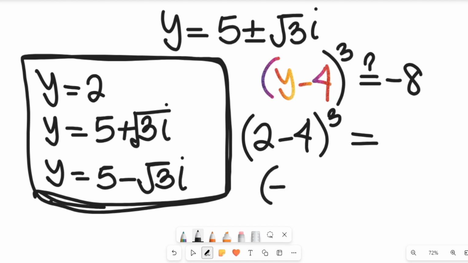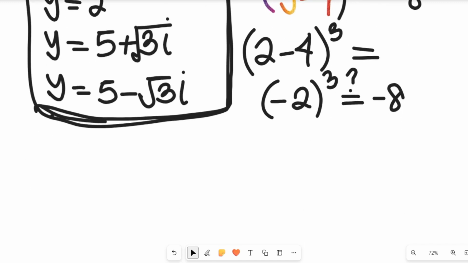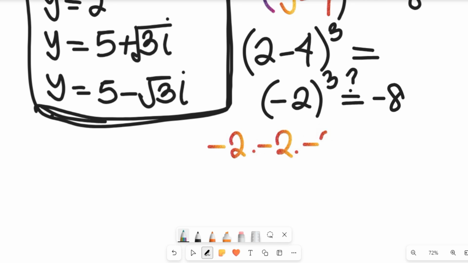This is going to give us negative 2 all to the power of 3, to be equal to, will it give us negative 8? Sure, it will, because this is going to give us negative 2 multiplied by negative 2 multiplied by negative 2. And this will be equal to negative 8.